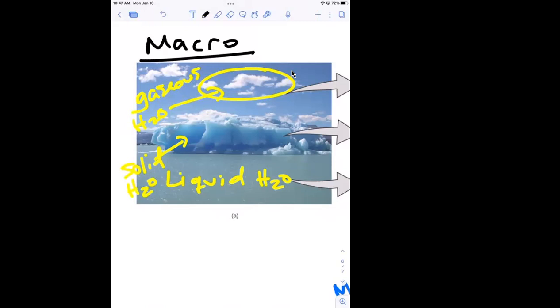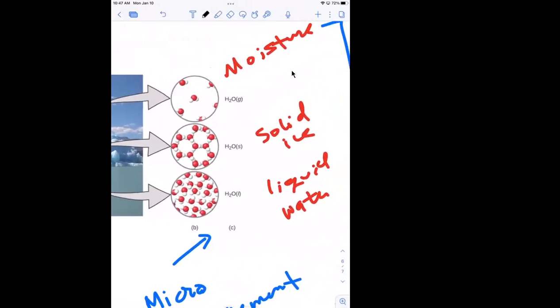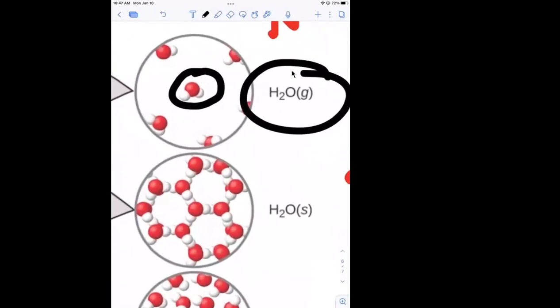But what we don't know and can't see is how the atoms are actually arranged. That is what we call the micro, right? In the gas phase, you can see that the water molecules are very far apart. And also you can actually see what a water molecule looks like. The white atoms, let me zoom in on that.